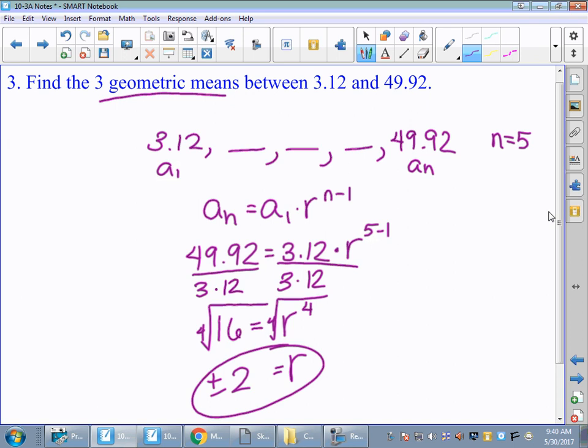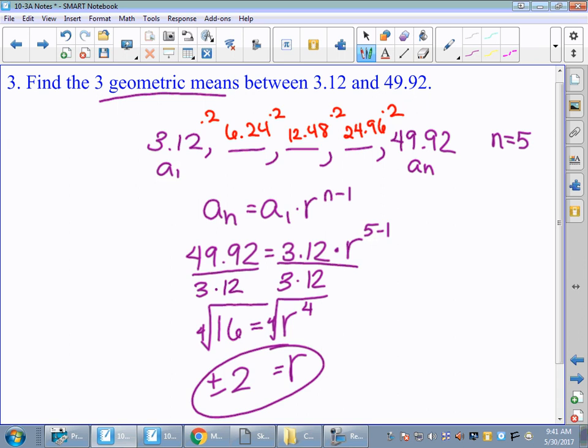If I multiplied by a positive 2 each time, if I times by 2, I would get 6.24. And then times by 2 again, I would get 12.48. And times by 2 again, I get 24.96. And then if I times by 2 again, I'll end at 49.92. All positive.